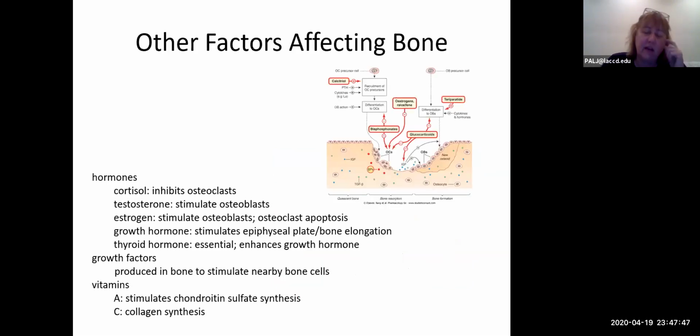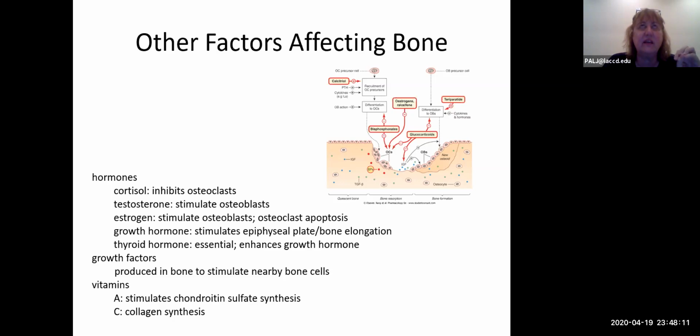Other effectors that work on bone are a whole bunch of hormones. Cortisol, at times of stress, you're going to inhibit your osteoclast. You're not going to have the bone remodeling. Testosterone makes you make new bone. Estrogen is very interesting.